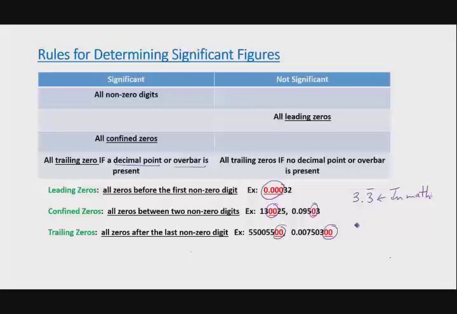Let's say we have a number 300. And if the number 300 has an overbar above one of the trailing zeros, then that means that this zero is a significant figure, while the other zero isn't. Let's say we wrote the number 300 but with an overbar above both the zeros. Then both the zeros will become significant figures.